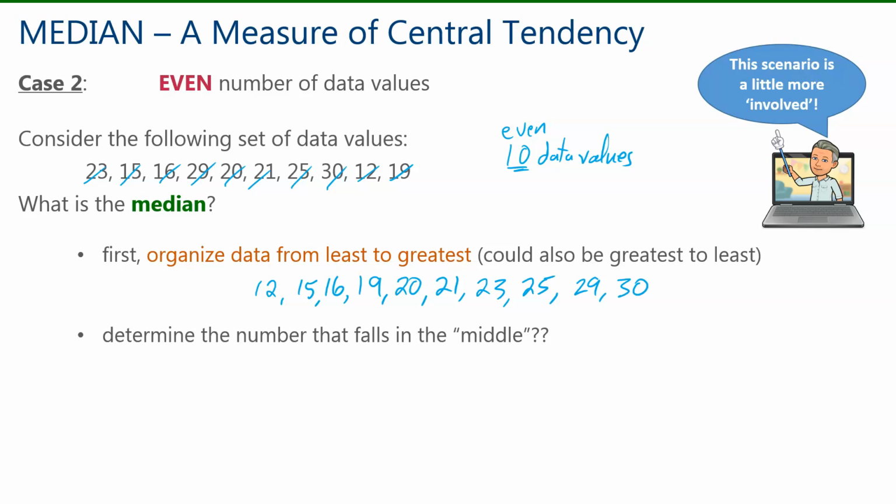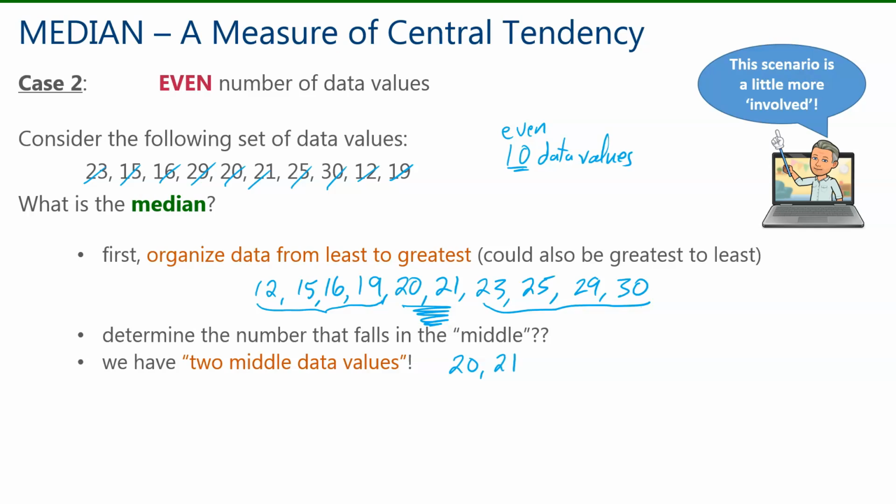The reason why I've put middle in quotation marks here is because we can't get a distinct middle value if we have an even number of data values. Consider, if I was to group the first 5 pieces of data and then group the last 5 pieces of data, what value is in the middle? Well, I don't have a middle value. There's nothing there. So I can't group it as 5 and 5. What we do, we'll group the first 4 and the last 4. We discover that we have 2 middle values, a 20 and a 21.